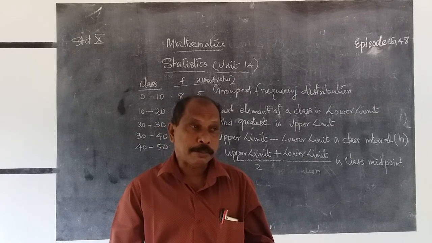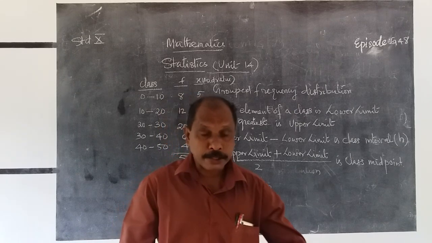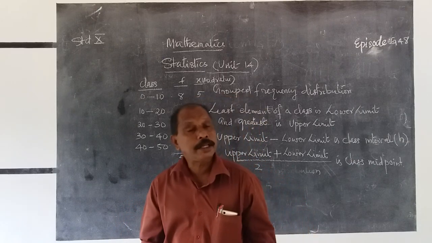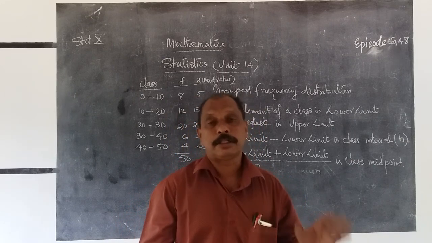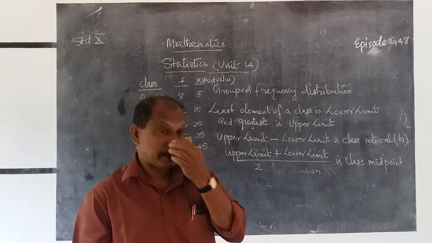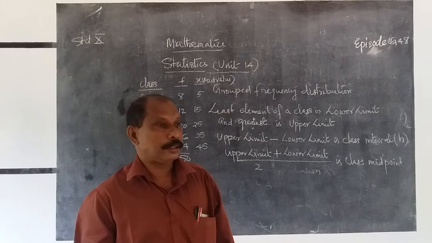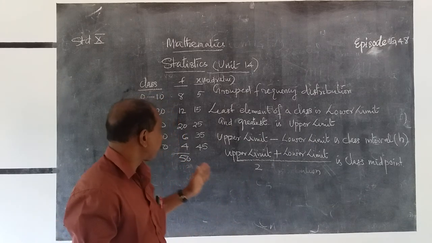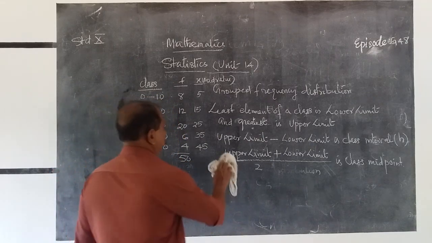Then lower limit plus upper limit by 2 is the class mid value. These are the main points for finding the different measures of central tendency. Clear?